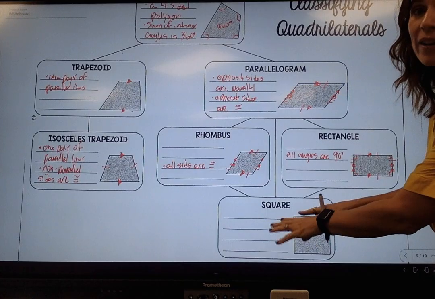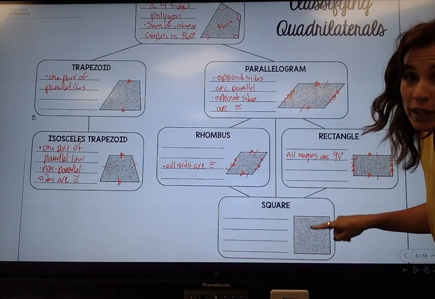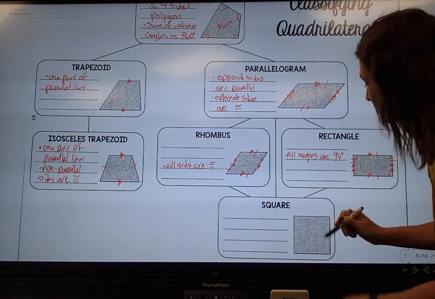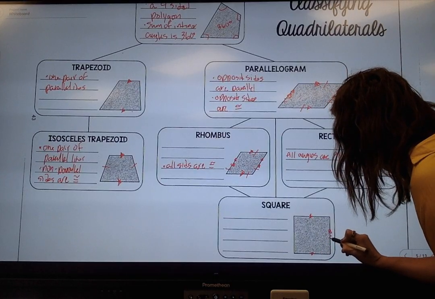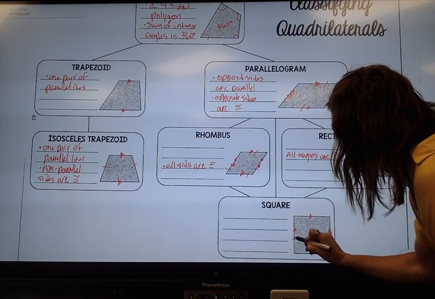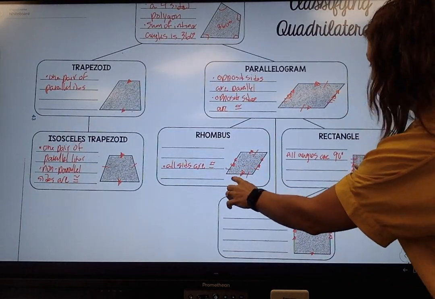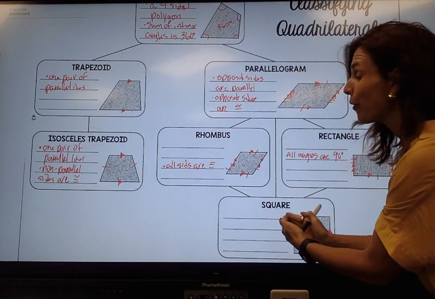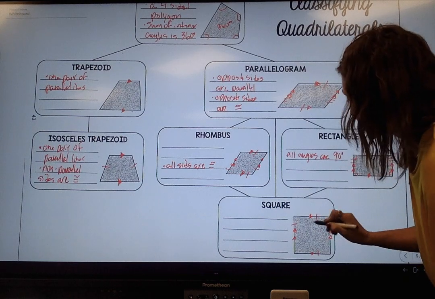Now a square is super, super special because, look at this. It's a four-sided polygon. The sum of interior angles is 360 degrees. Opposite sides are parallel. Opposite sides are not only congruent, but they're like a rhombus. So a square is a combination of a rhombus and a rectangle together because now all sides are congruent just like a rhombus.